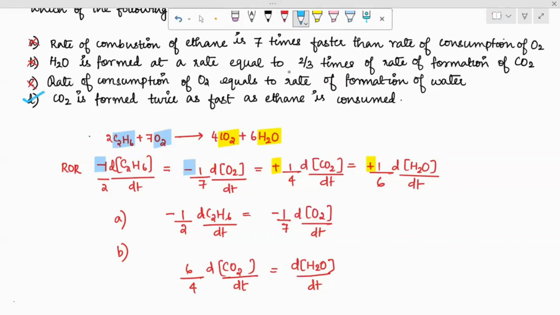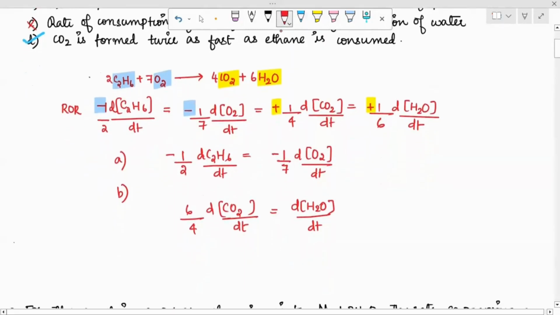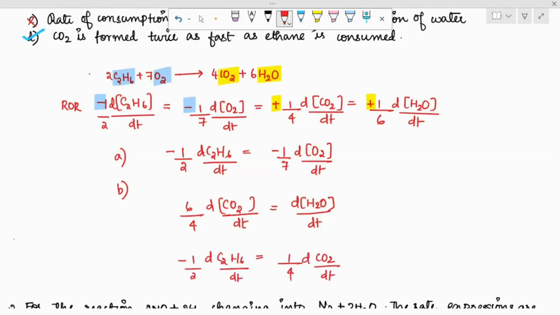Option D. Let's see. Carbon dioxide is formed twice as fast as ethane is consumed. So they are asking a relation between carbon dioxide and ethane. Minus 1 by 2 dC2H6 by dt is equal to 1 by 4 times dCO2 by dt.